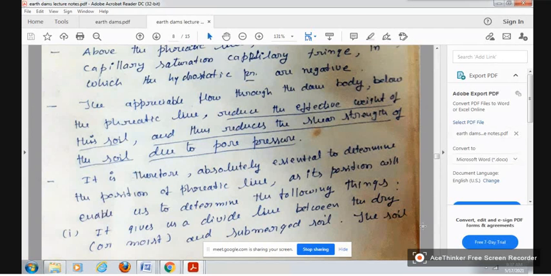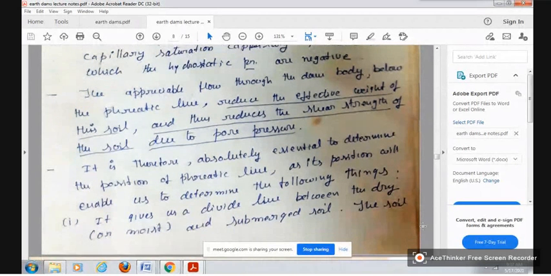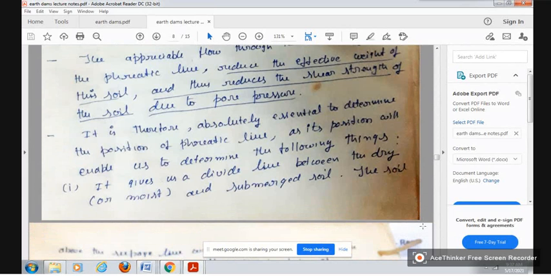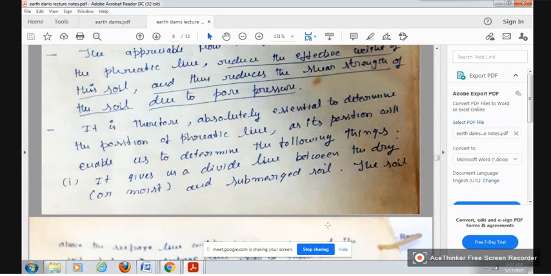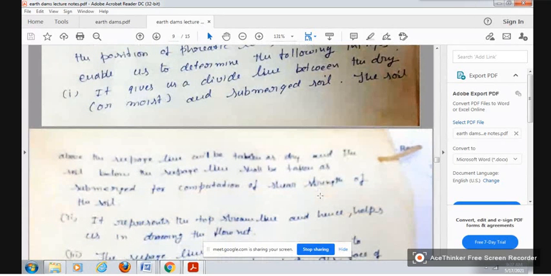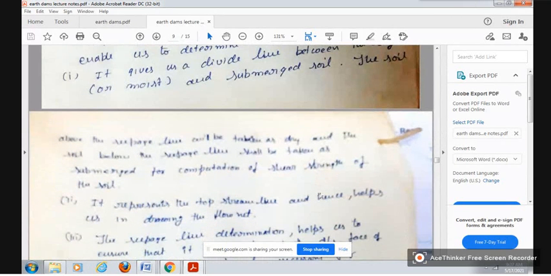So it is absolutely essential to determine the position of the phreatic line, as its position will enable us to determine the following things. As I said, it gives a dividing line between the dry and submerged soil. So the top one is dry and the below is submerged.